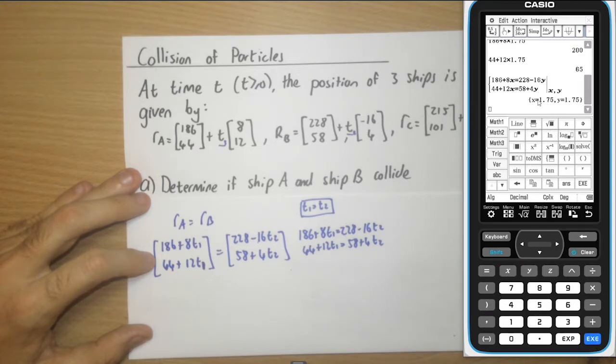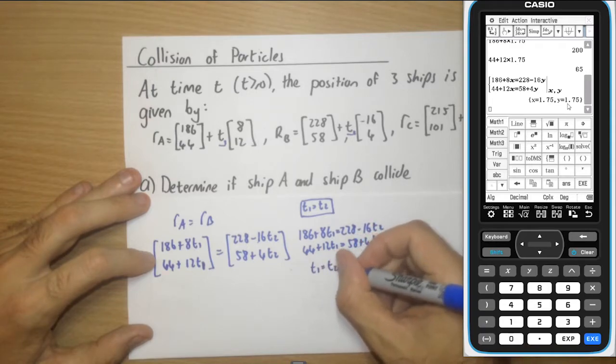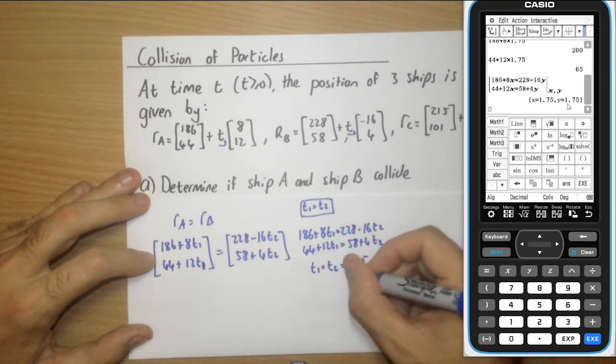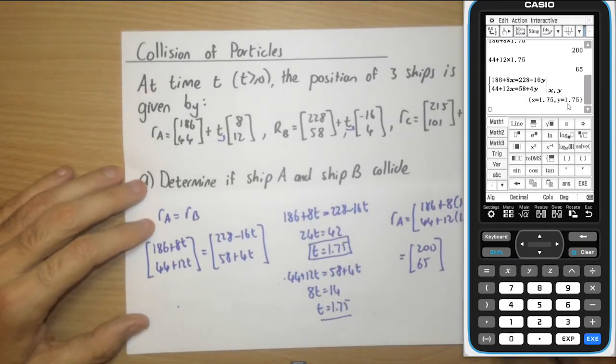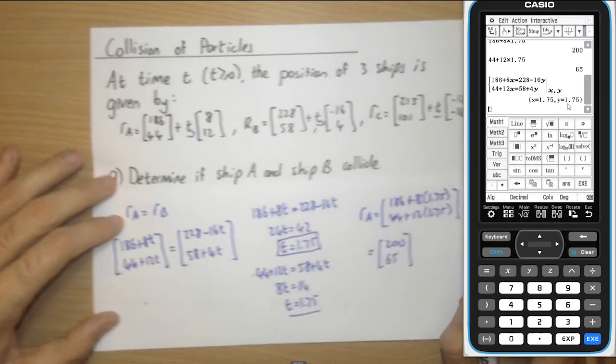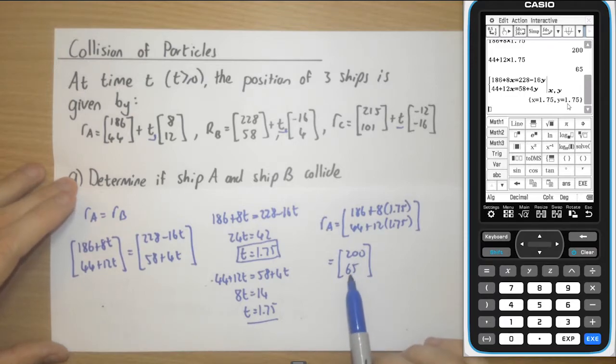And lo and behold, the t1 and t2 are the same. So again, we're going to have t1 equaling t2 equaling 1.75, which is the exact same result as we had before. Then we'll go through the same process again to find the point of intersection, which is 265.